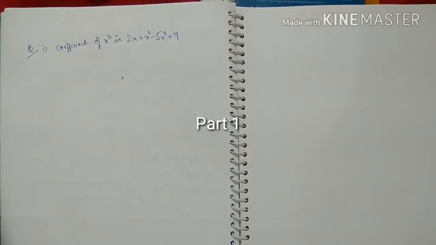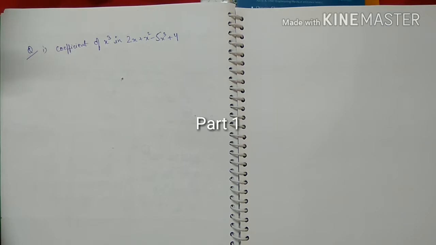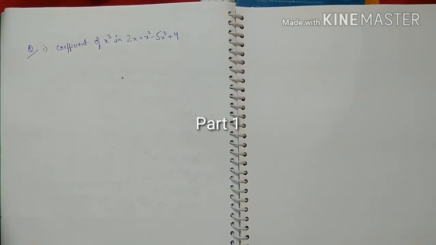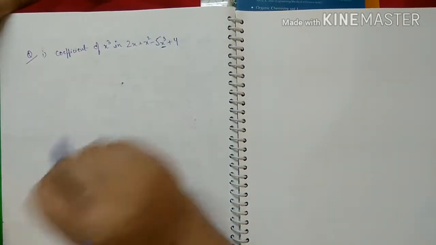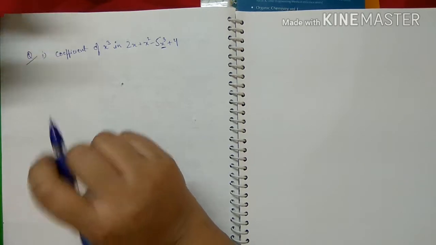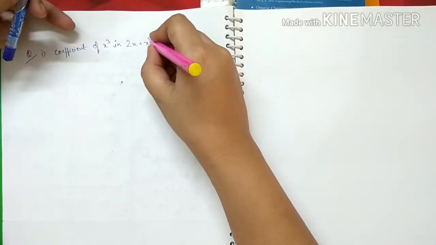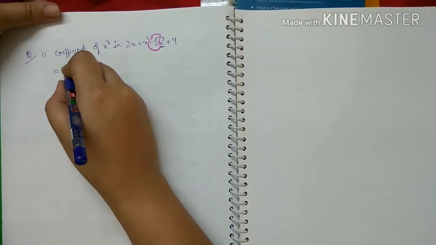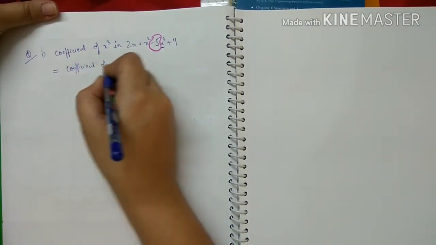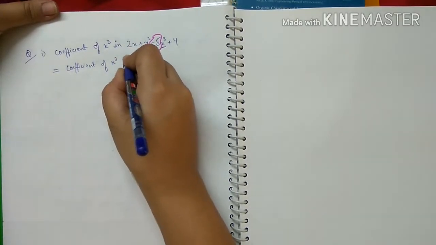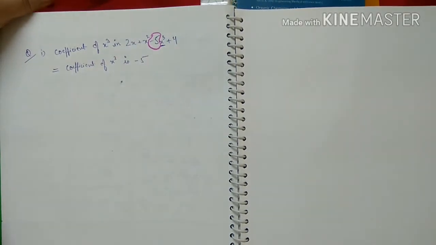The next example is that we have to write the coefficient of x cube in the given polynomial 2x plus x square minus 5x cube plus 4. Here you see that x cube is here, and the constant written with it is minus 5. So the coefficient of x cube is minus 5.